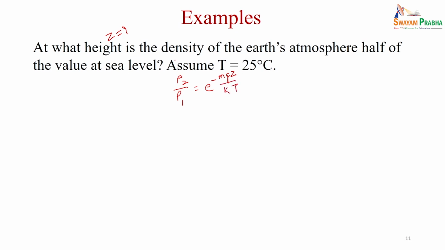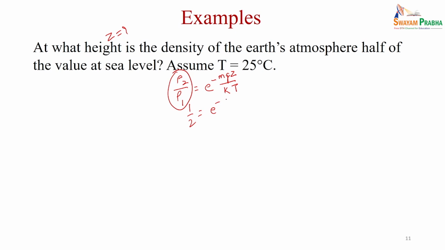So, this value is given as half, 1 by 2 e to the power minus m. Now, if you want to calculate the mass of the atmosphere, it is having air.